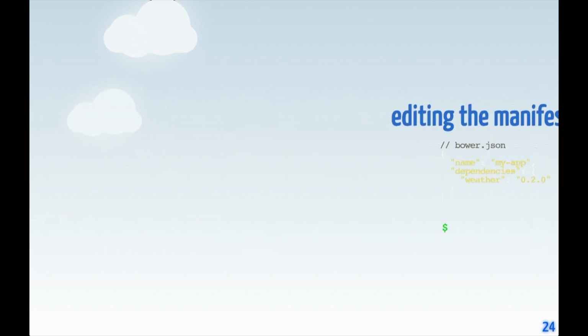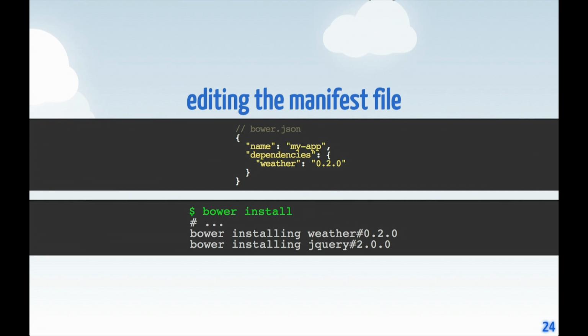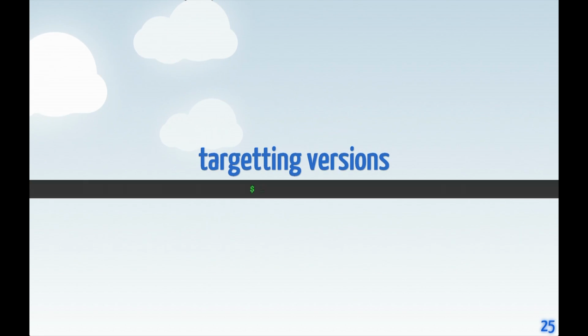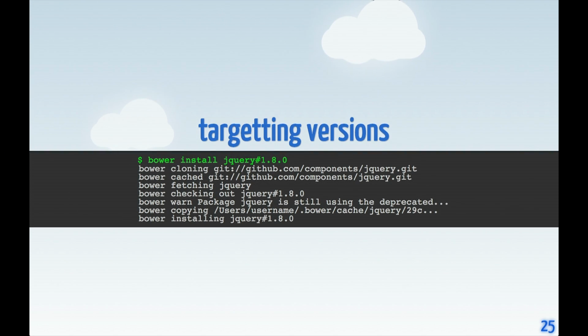And of course, if you edit the manifest file, we want to change this. Say there was a bug and we want to force version 0.20, we can do that and run Bower install, and it'll go get the right files and make sure everything's okay as far as dependencies go. Now, if you want to do this from the command line, you can do that pretty easily just by putting in the module name that you want and then a hash mark and then the version. And that'll do the same thing if you need to do that from the command line.